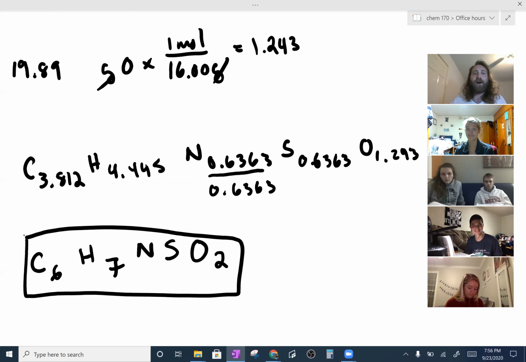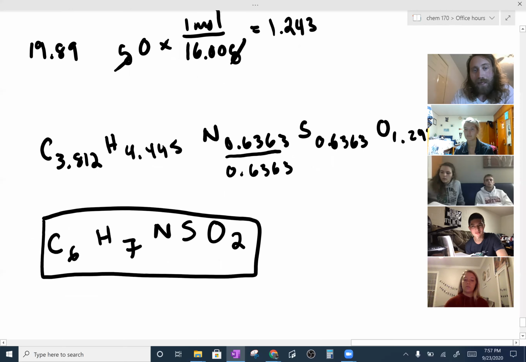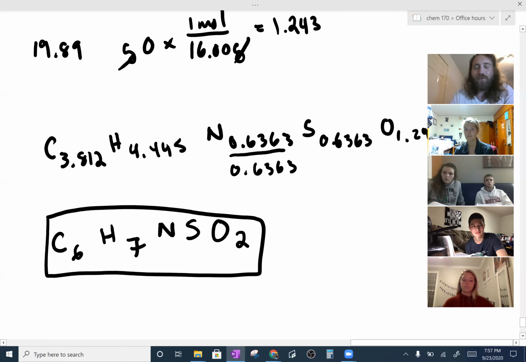So a problem like this is really time consuming. So you never really have to worry about something like this being on the exam, just because it would take up the entire period for you to do it. I mean, it took me, I don't know, 30 minutes to solve this one. I would never put something this intense on an exam, but pieces of it are things that you should know.